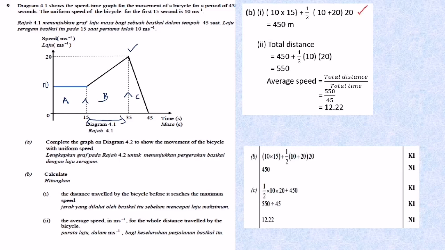First part, to find the area under the graph, 1 mark, and the answer, 1 mark. For B2, the area of the triangle, 1 mark. Average speed equals 550 over 45, 1 mark, and the answer, 1 mark.